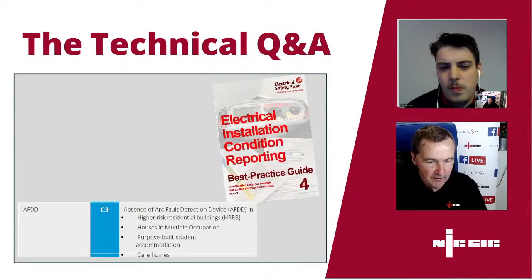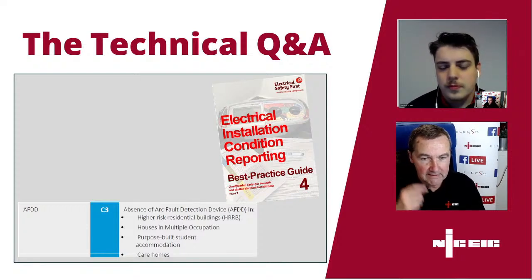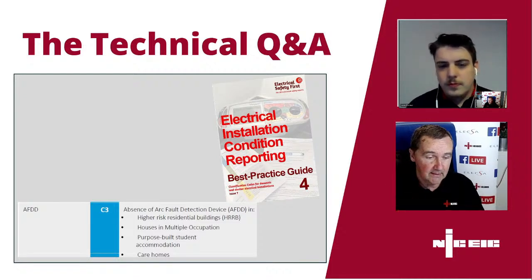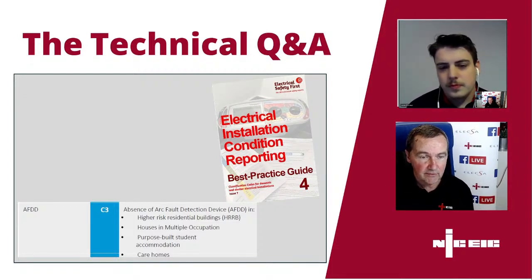And James referred to Best Practice Guide 4. Again, Best Practice Guide 4, published by Electrical Safety First in conjunction with all of those stakeholders in the industry that we talked about, also recommends that lack of AFDDs is a C3 classification code. I'm not sure the question said socket outlets.